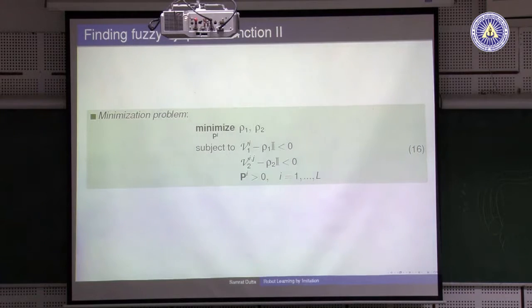So, now how do we learn P? We learn it in a minimization problem where we minimize these two variables, which are defined in this way. We search for P so that these constraints are met, right. When you minimize this, you see that gradually this function will go toward minimality, and it will give you a P which will give the best Lyapunov function of the demonstration, right.